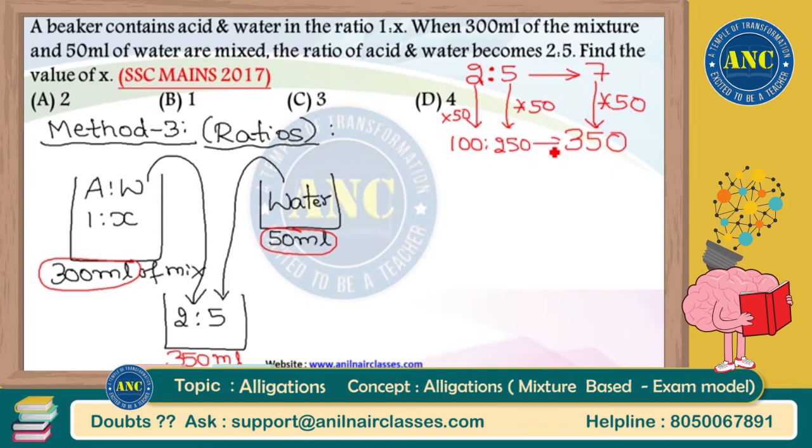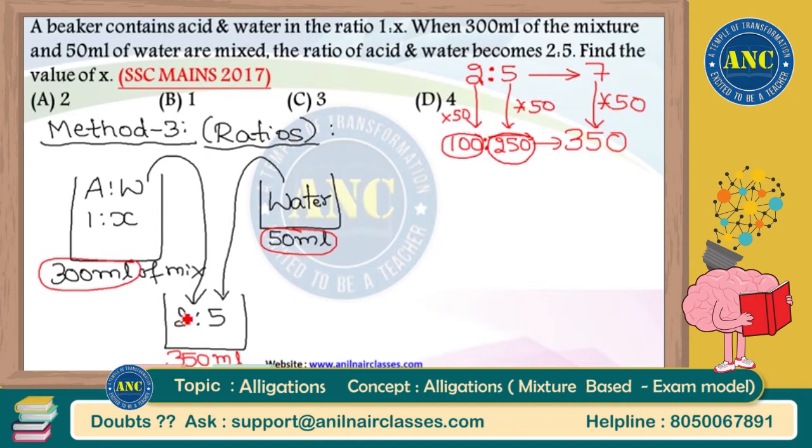That means, can I say that 100 ml of acid, sorry, not alcohol sir, acid rather, is present in mixture 3. 250 ml of water is present in mixture 3.